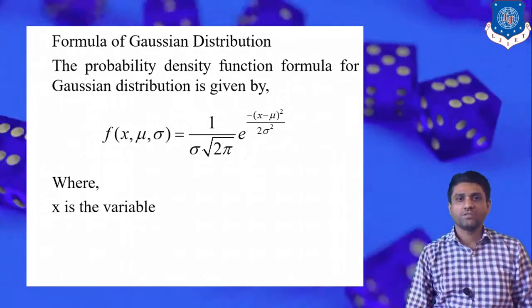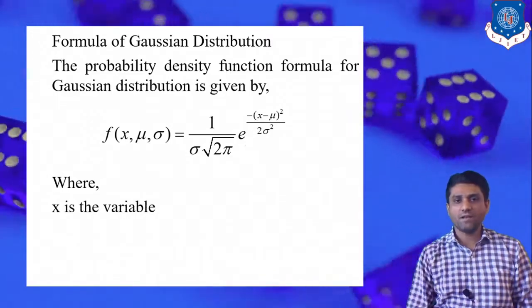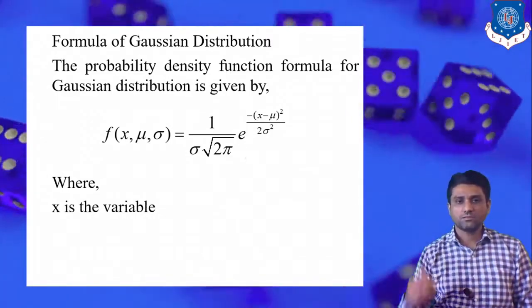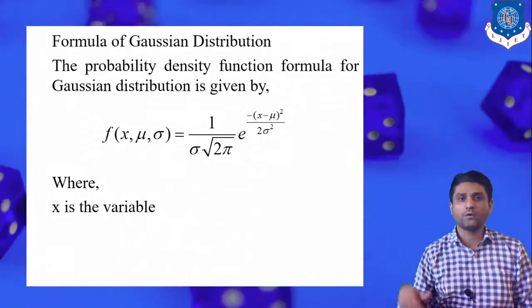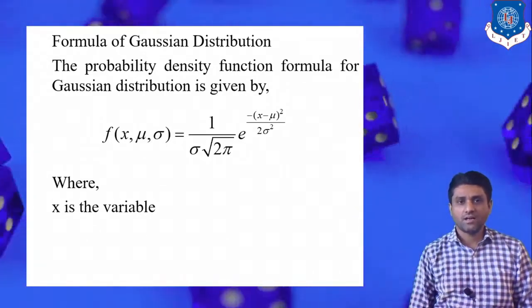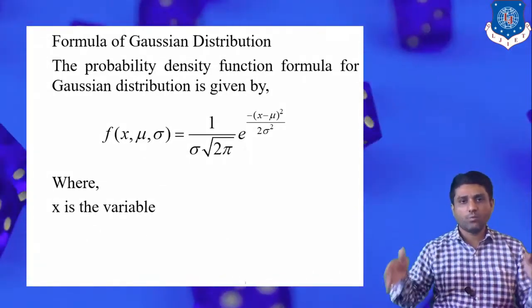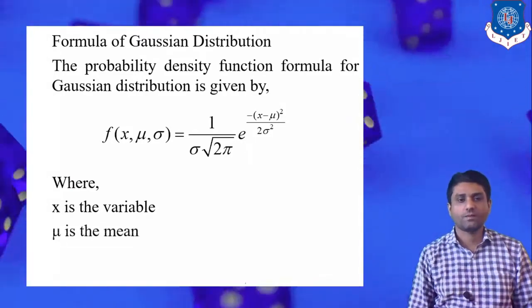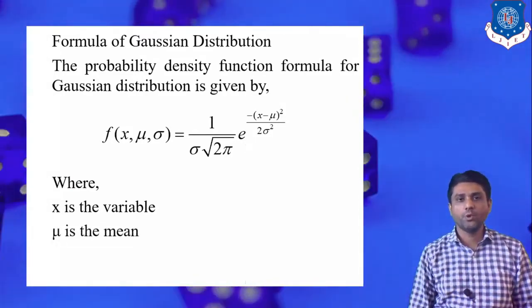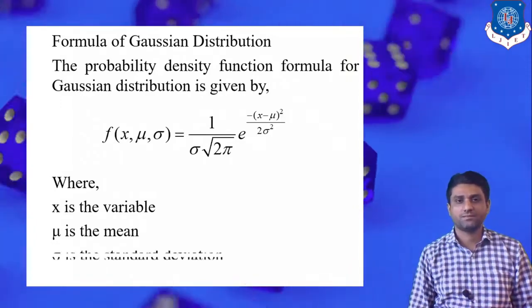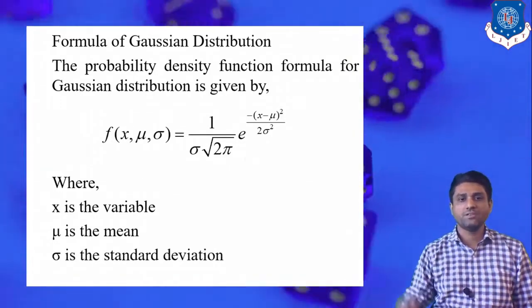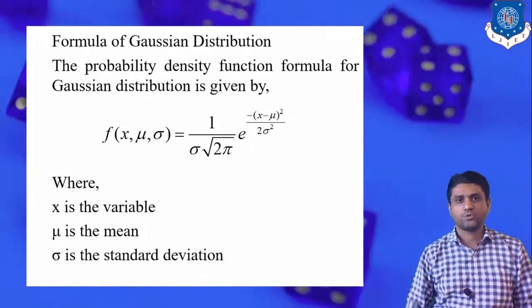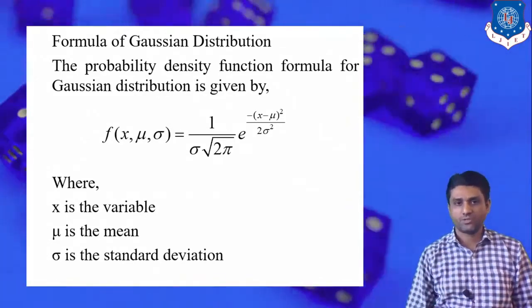Here x is a variable, it depends on us; we have to find the probability corresponding to the range in which the distribution lies. The second parameter mu is the mean, and the third and last parameter sigma is the standard deviation. So this is the mathematical formulation.